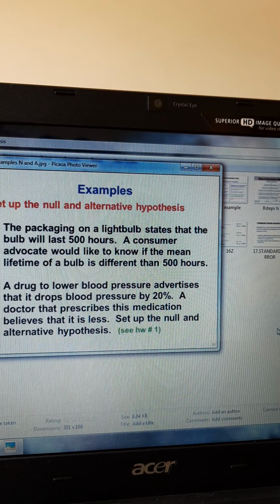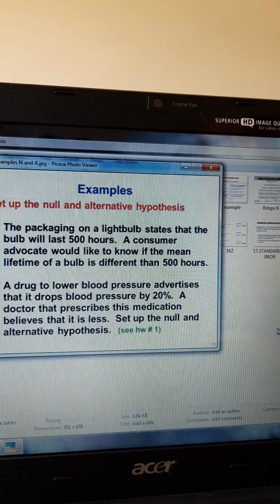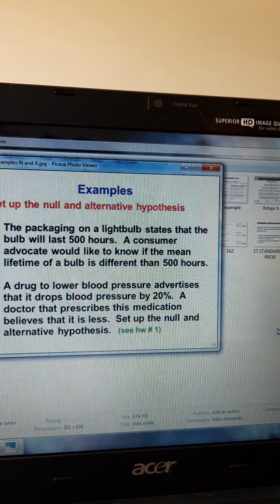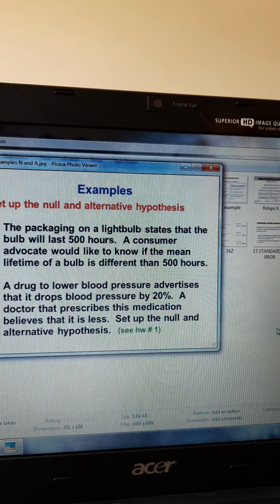Right, so examples. A package of a tube light states that it will last for 500 hours. So you want to see whether the bulbs that you are using, say you put 10 or 20 bulbs in an office, are all working for 500 hours.